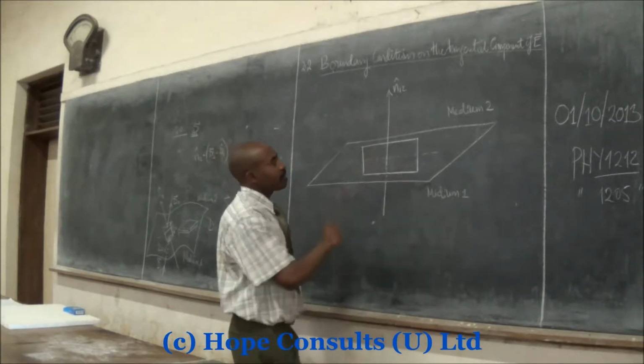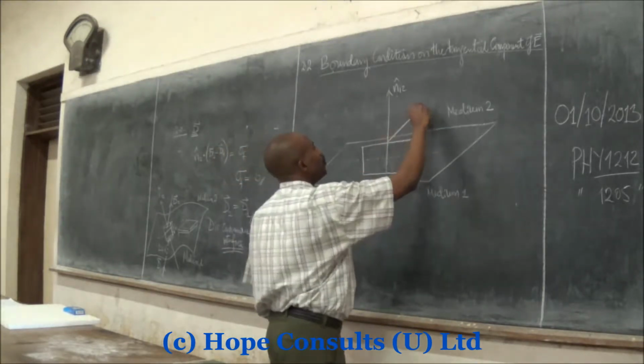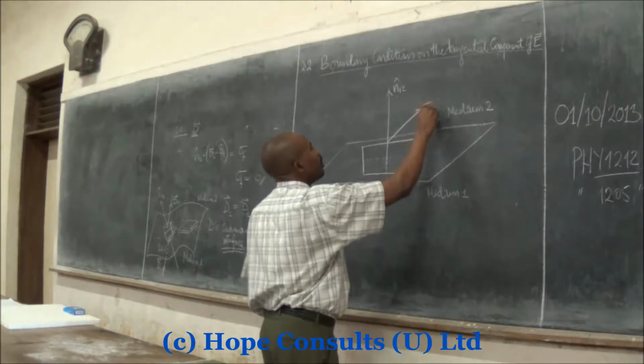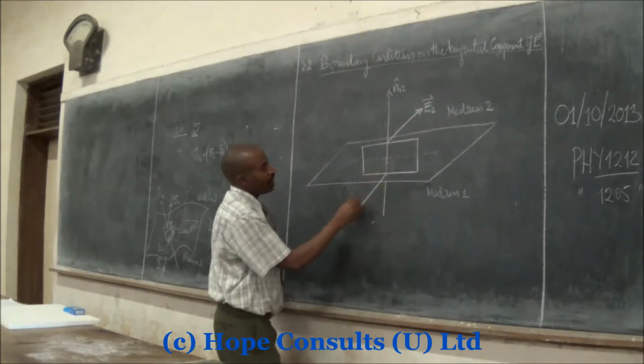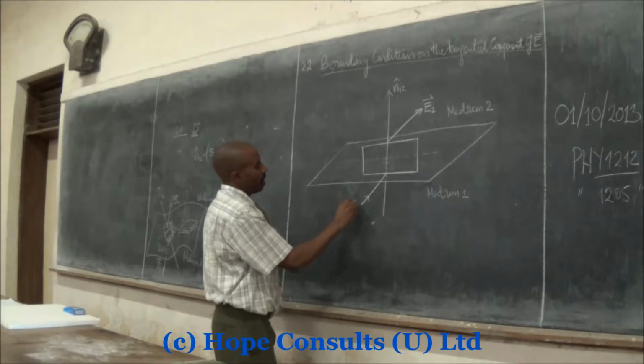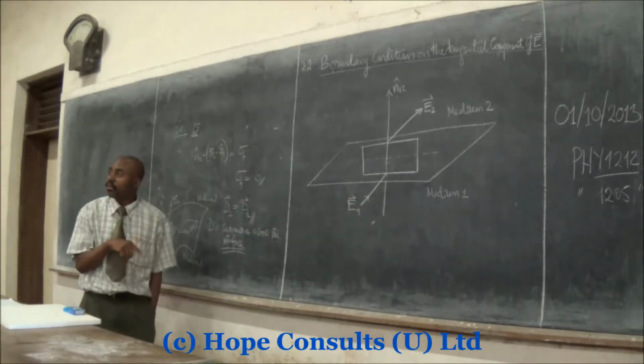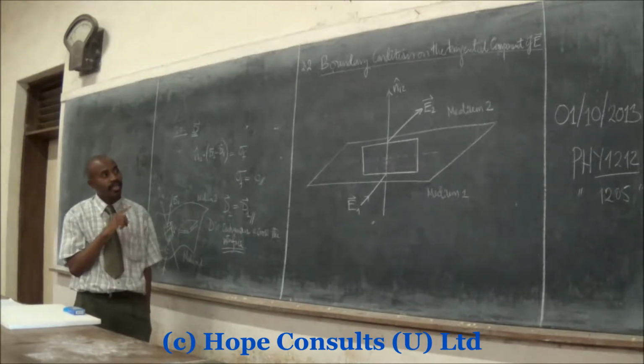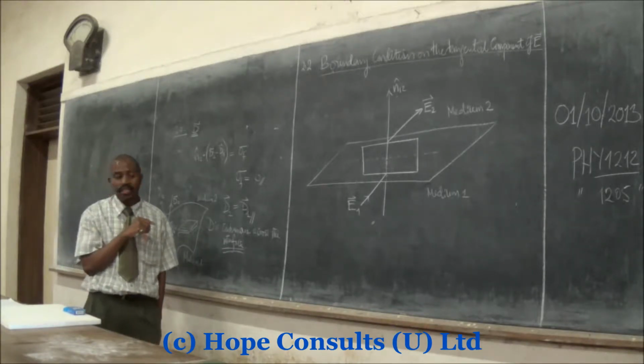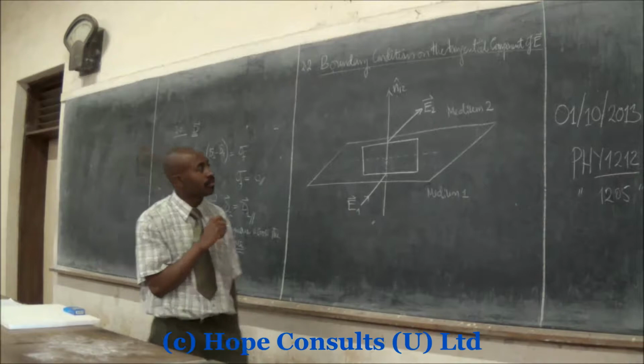And I'll be having E2 along here, and I'll be having E1 along here. That is the electric field density in medium 1 for E1, and E2 is the electric field density in medium 2.